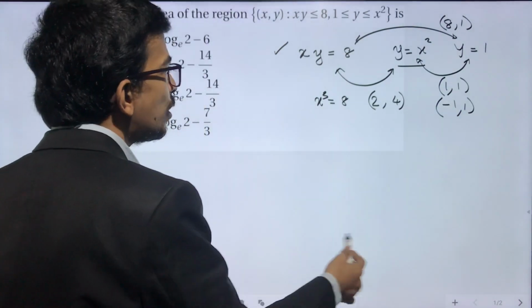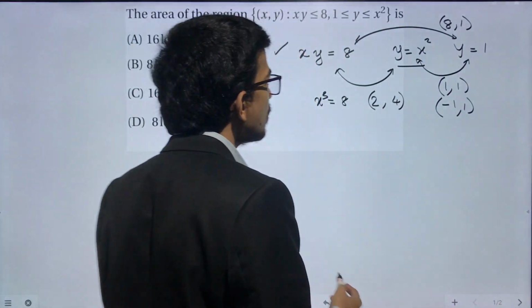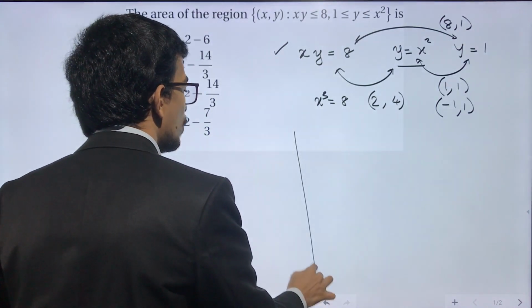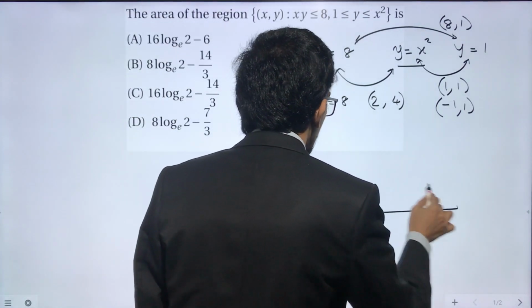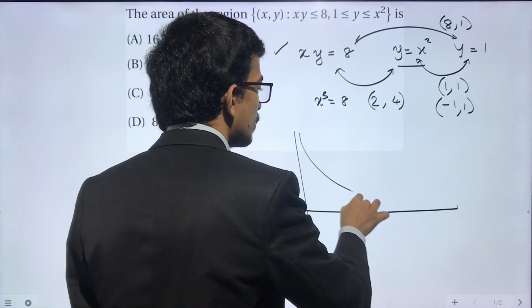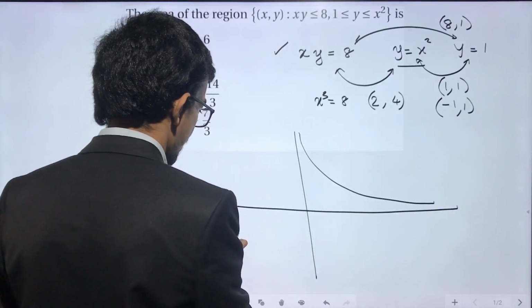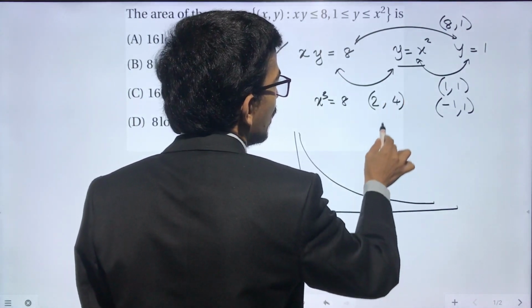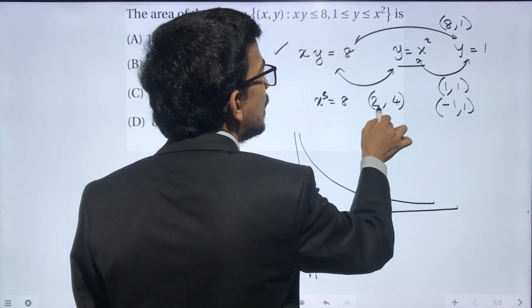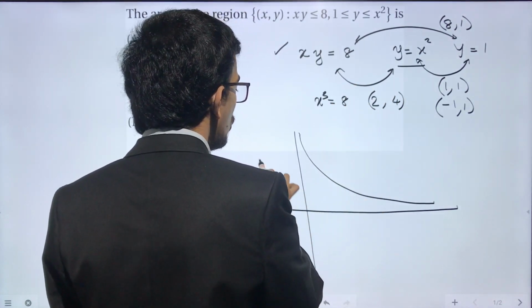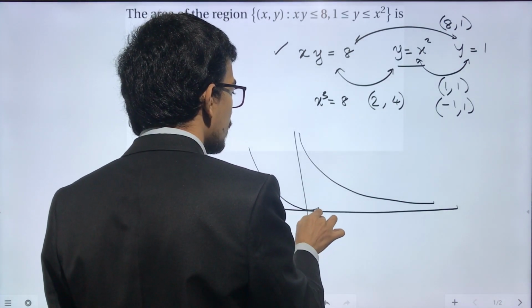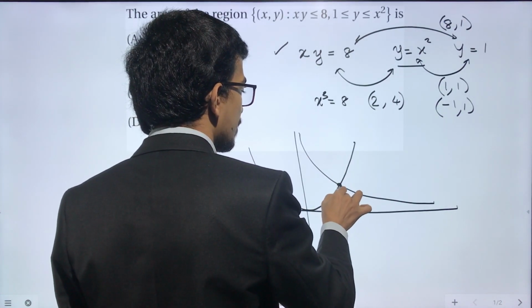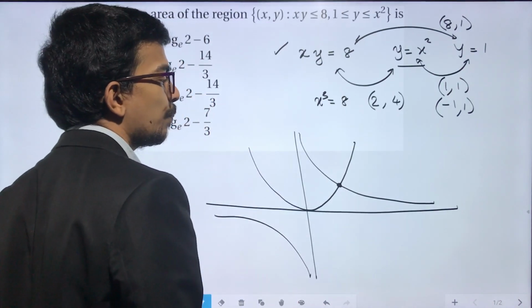Okay. Now we need to draw the three figures. So xy equal to 8 is going to be a rectangular hyperbola. And then we have a parabola, but when you're drawing it, you have to make sure that these two intersect, and the intersection point is (2, 4).